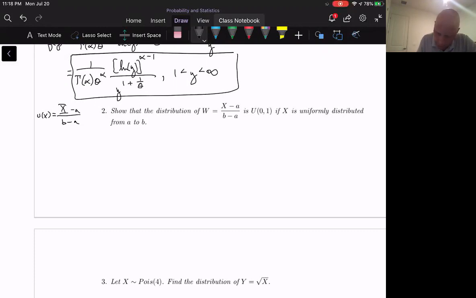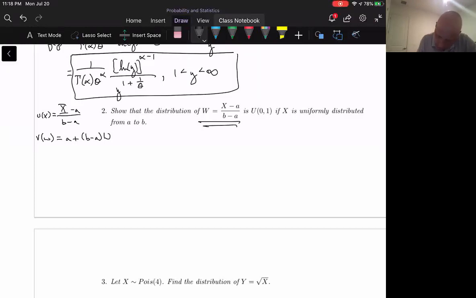If you solve for x, that's going to give you v of w, which will be a plus b minus a times w. If you're not sure where that came from, I took this equation and I solved for x. So x equals, that's your v of w function.